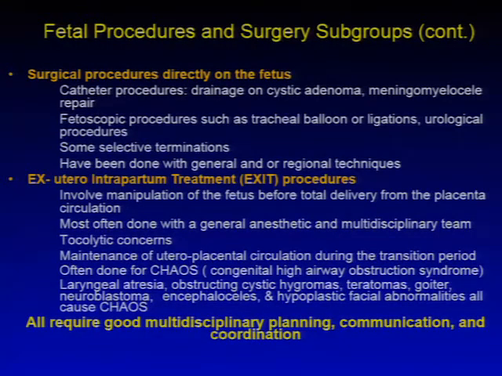It is a multidisciplinary team approach, most often done for CHAOS, which is congenital high airway obstruction syndrome, and it requires the maintenance of the uteroplacental circulation during the transition periods, very similar to cardiopulmonary bypass. And there are several listed reasons that these procedures are done.